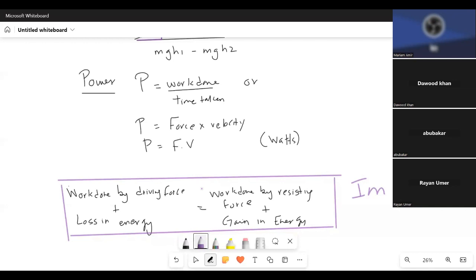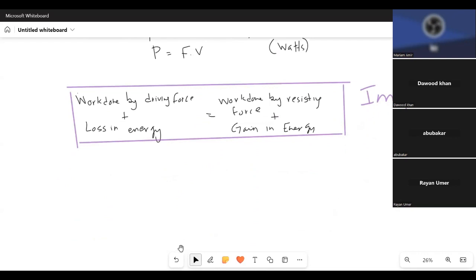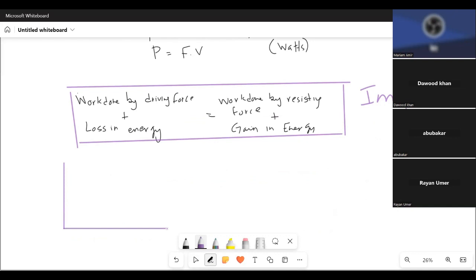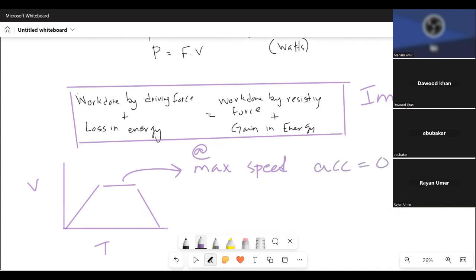Before we start the topical questions, one more thing you need to know is that when an object is traveling at its maximum speed, let me draw the graph. For example, this is speed, this is time. So when the object is traveling at its maximum speed, acceleration is equal to 0, because in this region the speed is not changing.